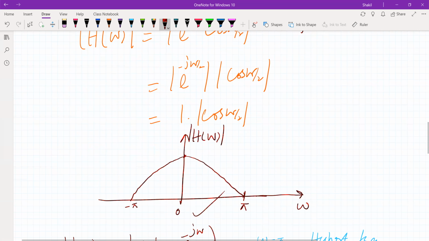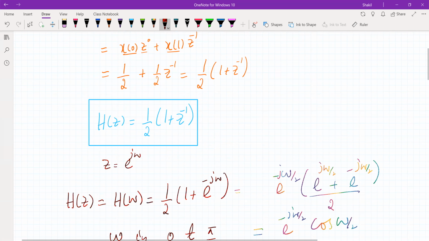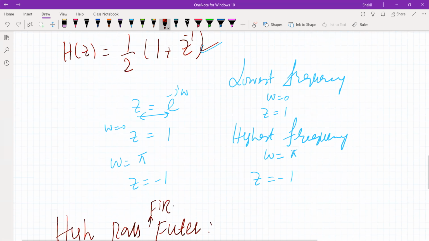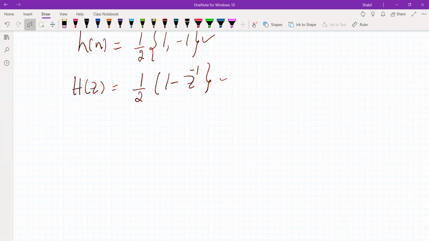Substituting in this expression, we'll get the answer. Now let's check the low pass and high pass response. If omega is 0, what do we mean by that? It means z is 1. What is the value of this? This is 1 minus 1, which will be equal to 0. So this is rejecting low frequencies, because z equals 1 corresponds to omega equal to 0.